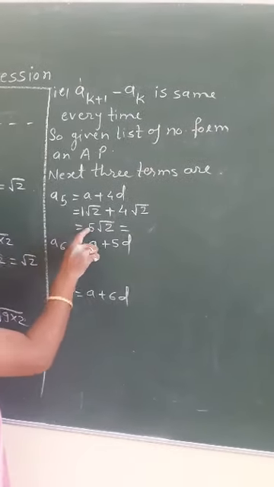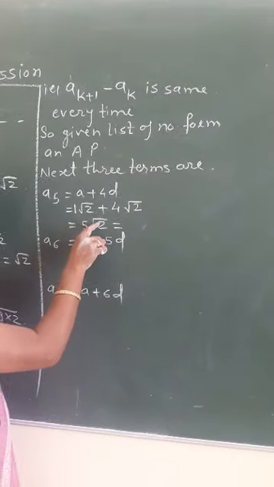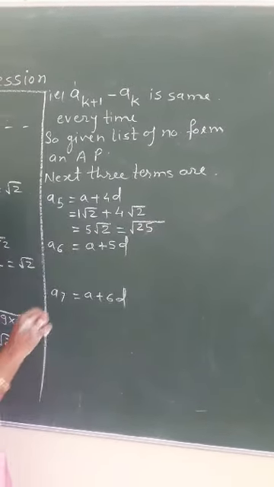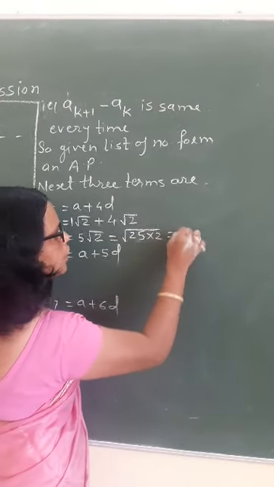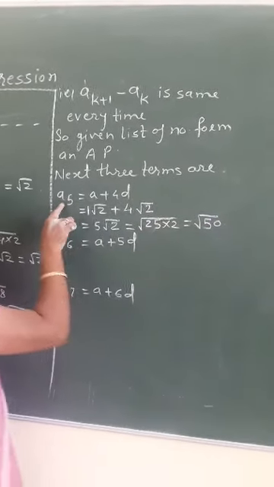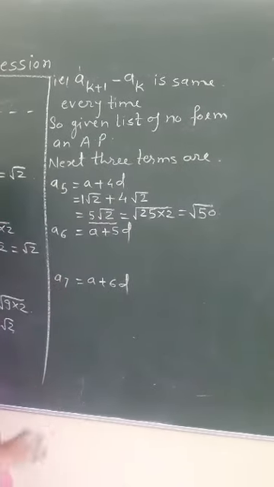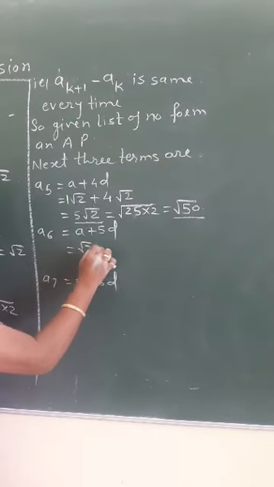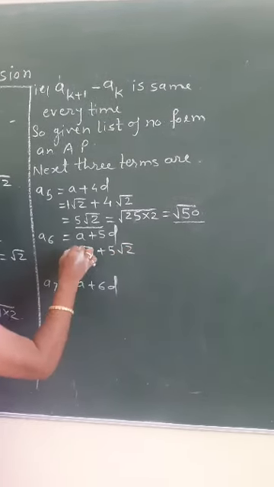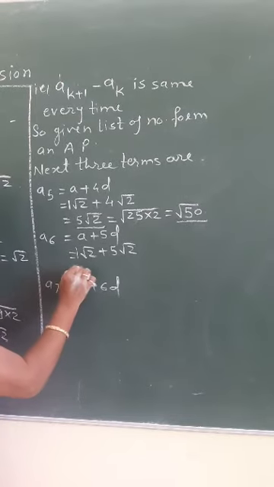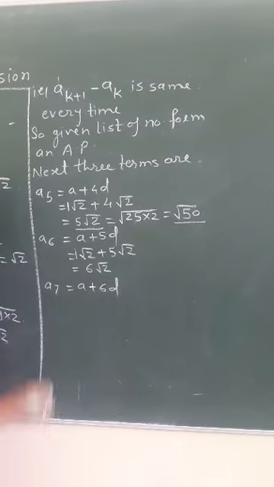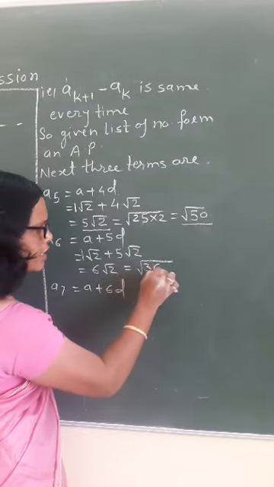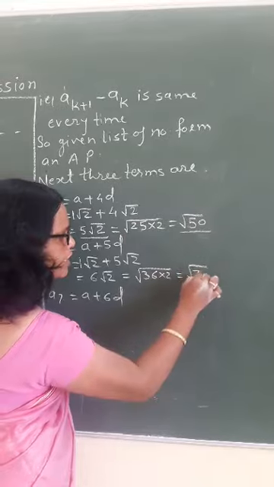And if we take 5 into the square root sign, it will become 25, because square of 5 is 25, into 2, means we can say root of 50. So A5 you can write as 5 root 2 and also as root 50. Next again, root 2 plus 5 root 2, 1 root 2 plus 5 root 2 is nothing but 6 root 2. 6 we take into the square root, it becomes 6 square is 36, 36 into 2, means root of 72.